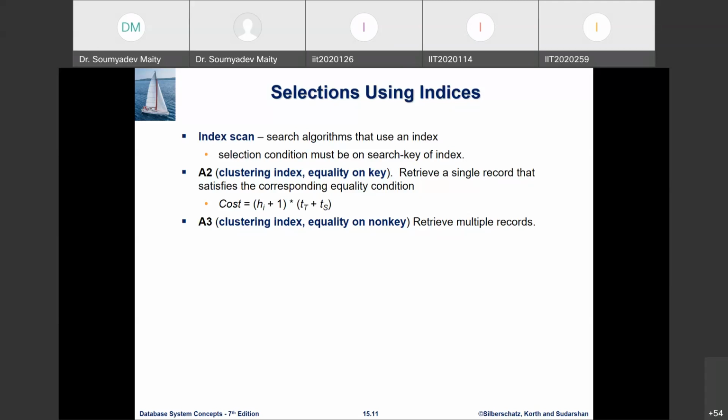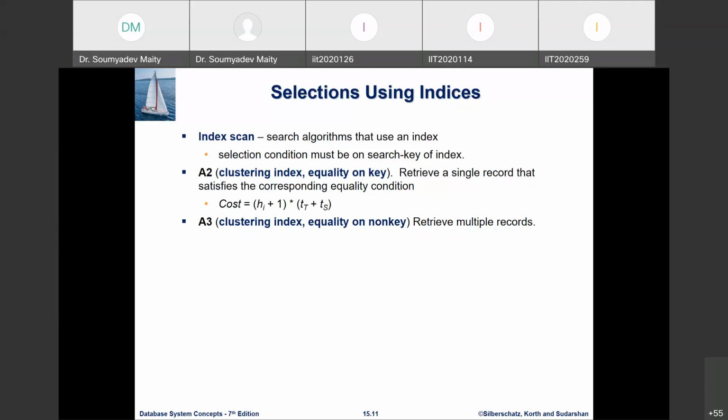So how much time will be required to reach the leaf node? hi into Tt plus Ts. Tt is the time required for one block transfer, and Ts is one seek time. So hi number of times you are doing both, so hi into Tt plus Ts.